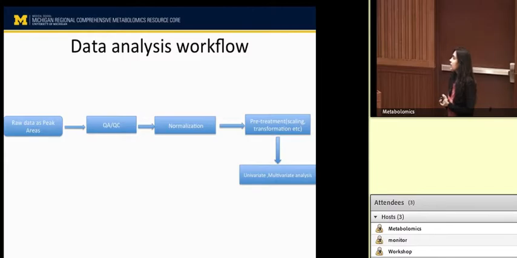Once we get this raw data as peak area, the data analysis workflow is: we do QA/QC on this data, then we normalize it, then we do the pre-treatment, scaling, and transformation, and then we go for univariate and multivariate analysis.